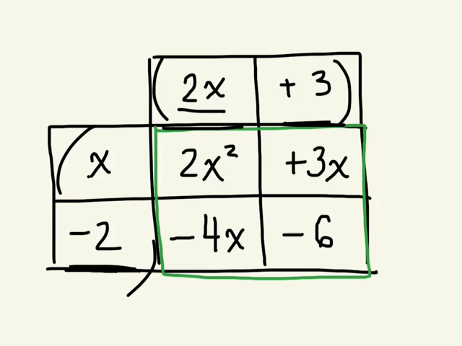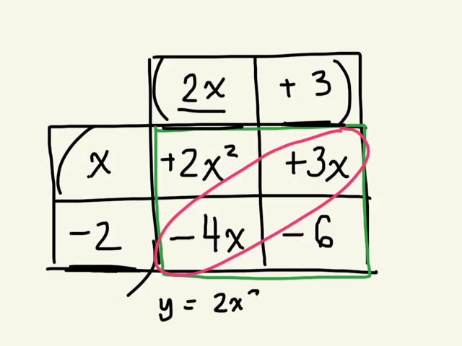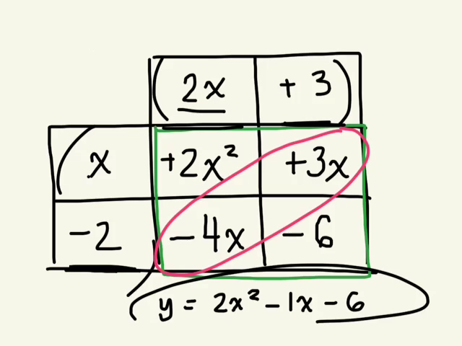You're multiplying, not adding. Look for your like terms. Those are alike. Then just write your answer. Write all your terms. I have a 2x squared term, then negative 4x plus 3x is negative 1x, minus 6. And that's the same thing we got before.